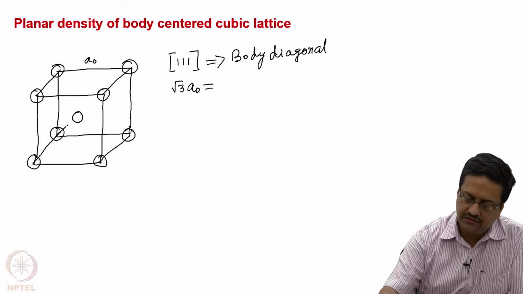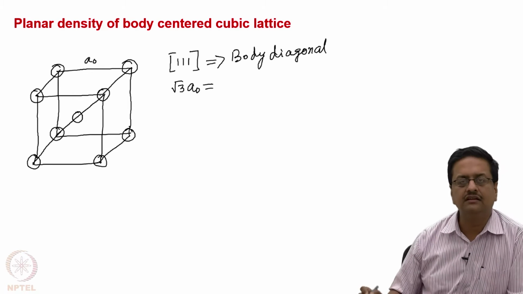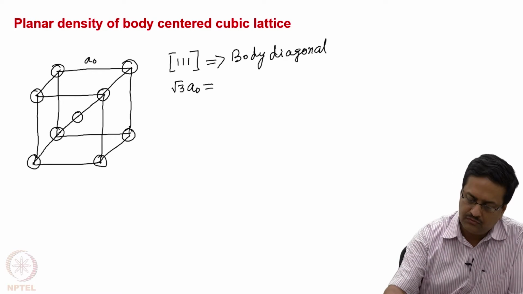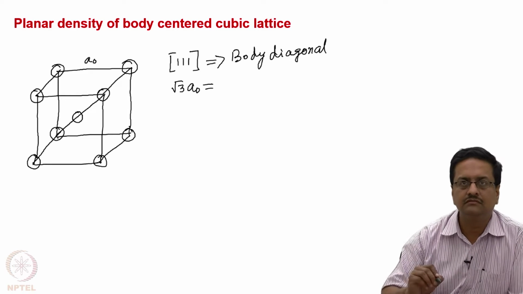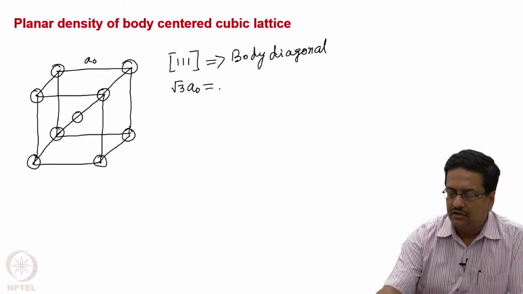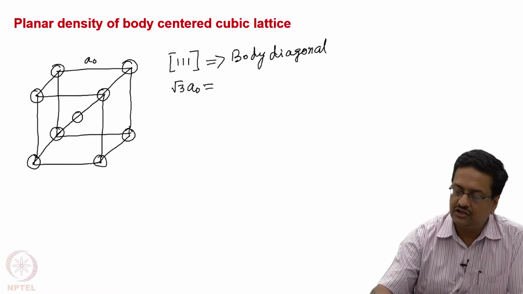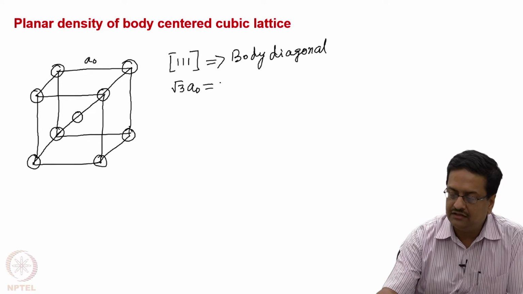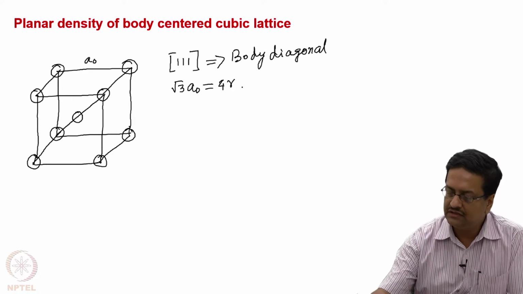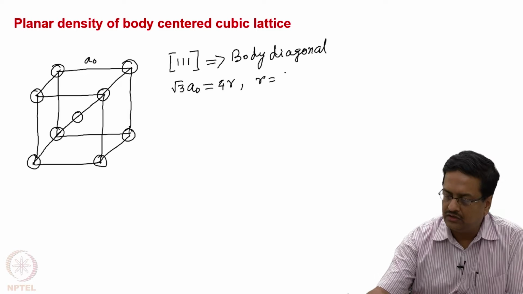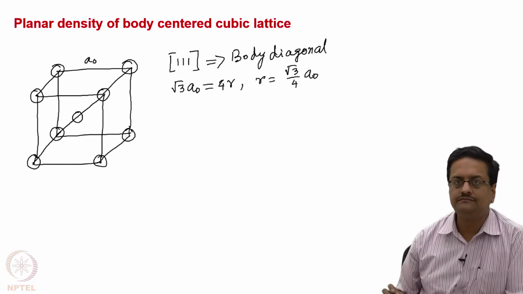When we connect corner to corner, we pass through two atoms, so the diameter of two atoms is incorporated here. So the length in terms of atomic radius is 4r, which means r equals root 3 by 4 A0.